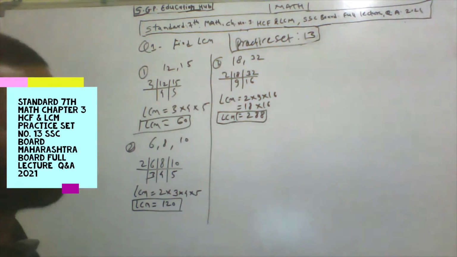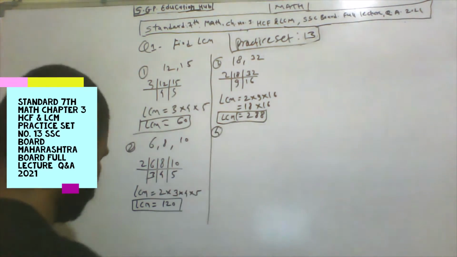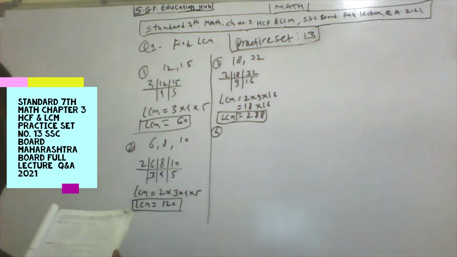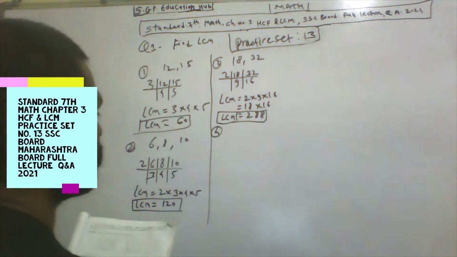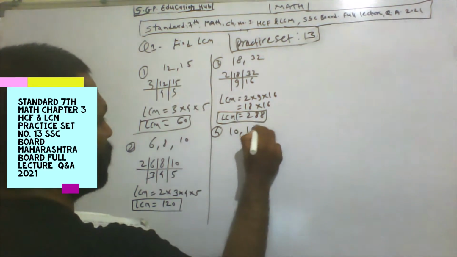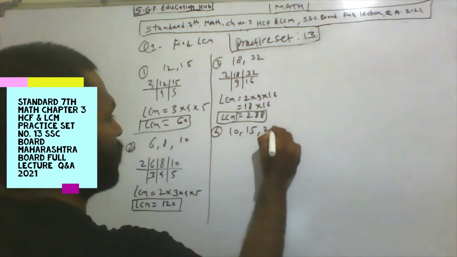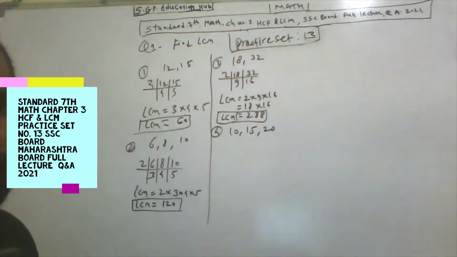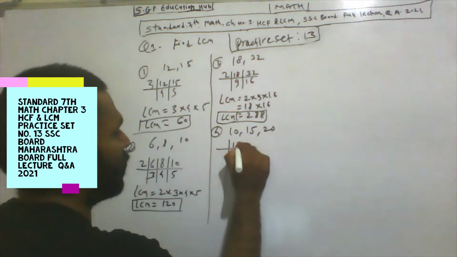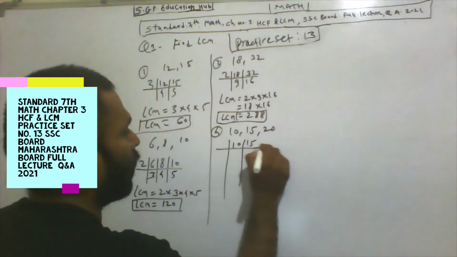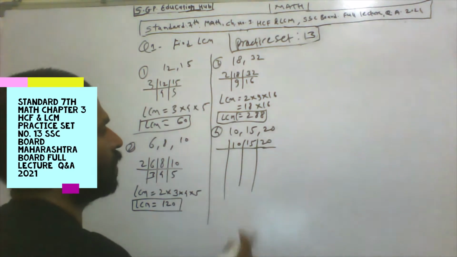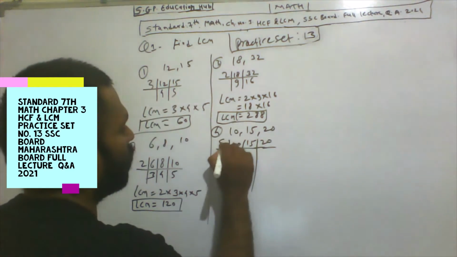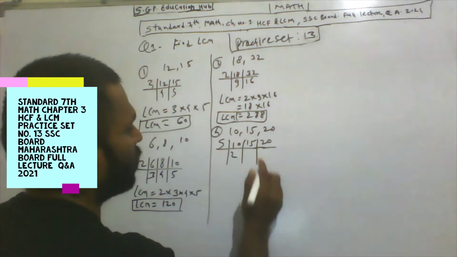Okay, you got it. Then the fourth question: 10, 15 and 20. All numbers can be divided by 5, giving 2, 3 and 4.